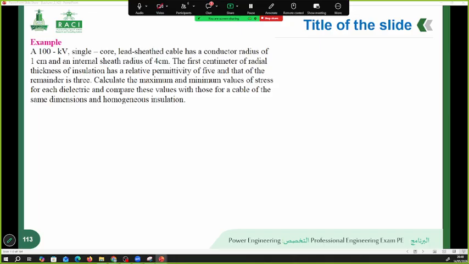After calculating the stress values, the results are compared with those of a cable having the same physical dimensions but homogeneous insulation throughout. This comparison demonstrates the advantages of capacitance grading, where using materials with different permittivities improves stress distribution, lowers peak electric stress, and enhances the insulation efficiency and operating reliability of high voltage power cables.